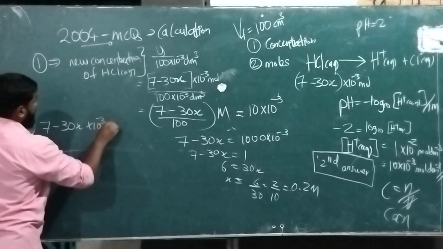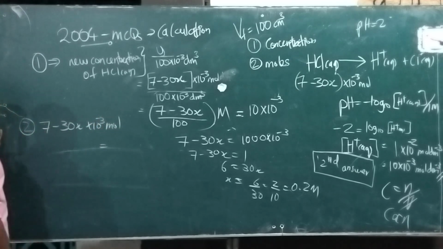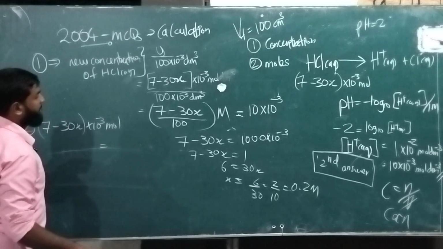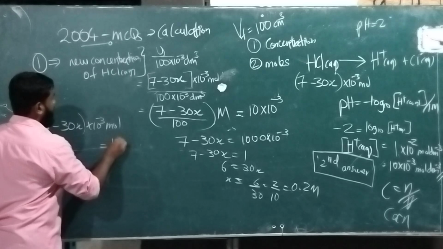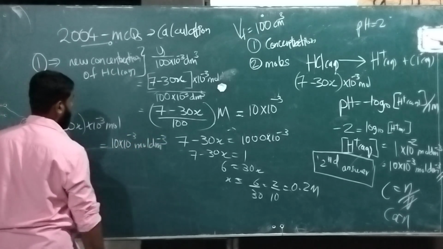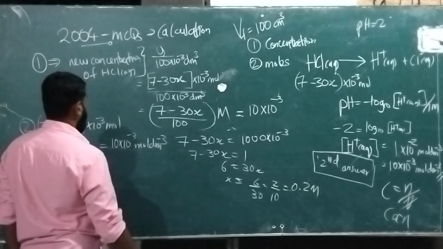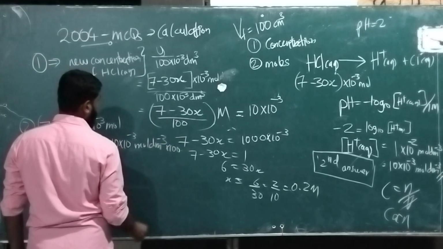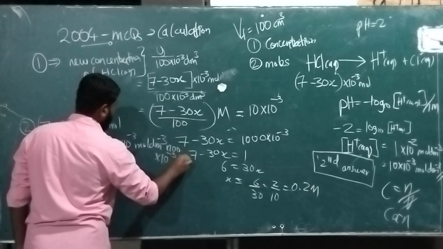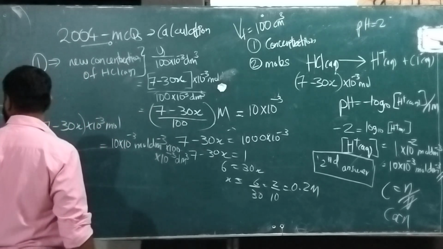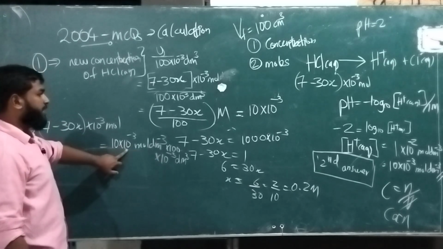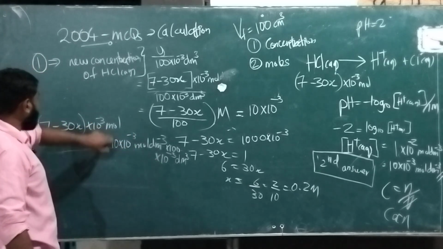So (7 minus 30x) into 10 to the power minus 3 moles is equal to 10 into 10 to the power minus 3 mole decimeter minus 3, into 100 into 10 to the power minus 3 decimeter cube. See, 10 to the power minus 3 is here and already there, so they will get cancelled.